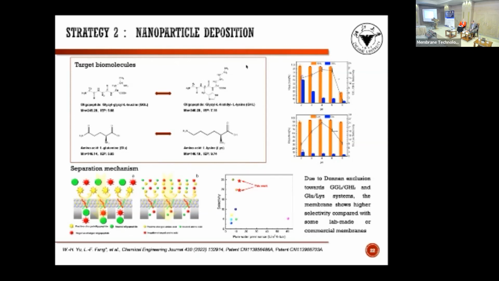Finally, we also compare the separation performance for the oligopeptides or amino acids in this work with that reported in the literature. The results showed that our membrane has competitive performance with some lab-made and conventional membranes.